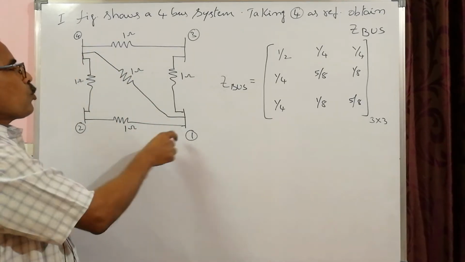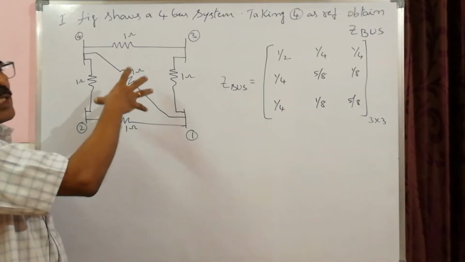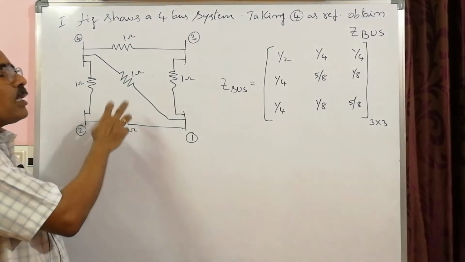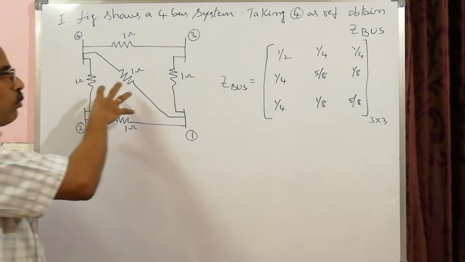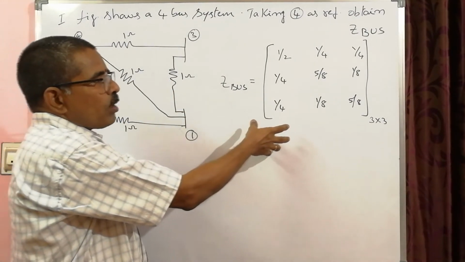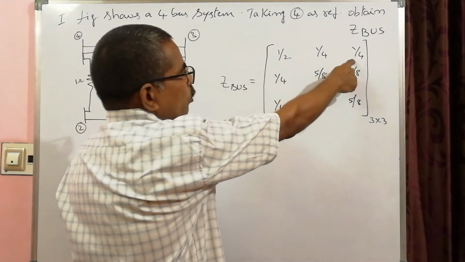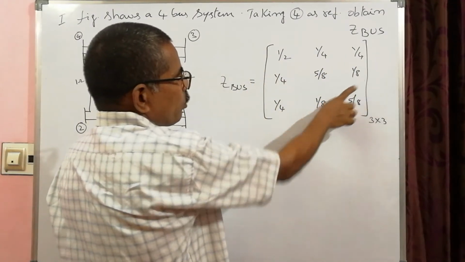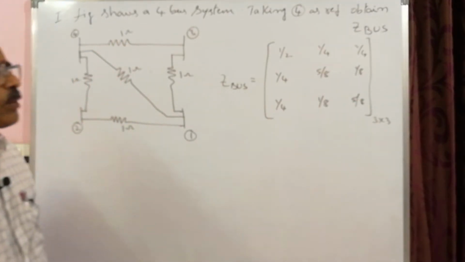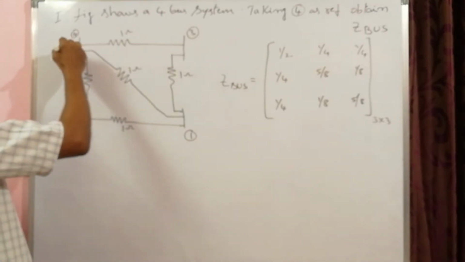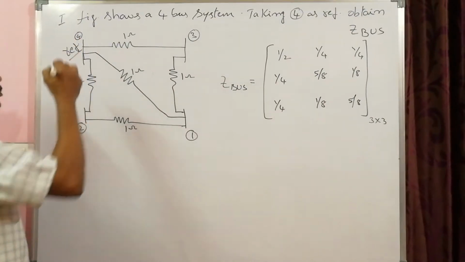So, 1, 2, 3, 4 these are the buses, between that 5 elements are there, each element is of 1 ohm and for which Z bus we already formulated and Z bus structure is 1 by 2, 1 by 4, 1 by 4, 1 by 4, 5 by 8, 1 by 8, 1 by 4, 1 by 8, 5 by 8, that is Z bus when 4th bus is taken as reference. Okay. So, here this is the reference bus.